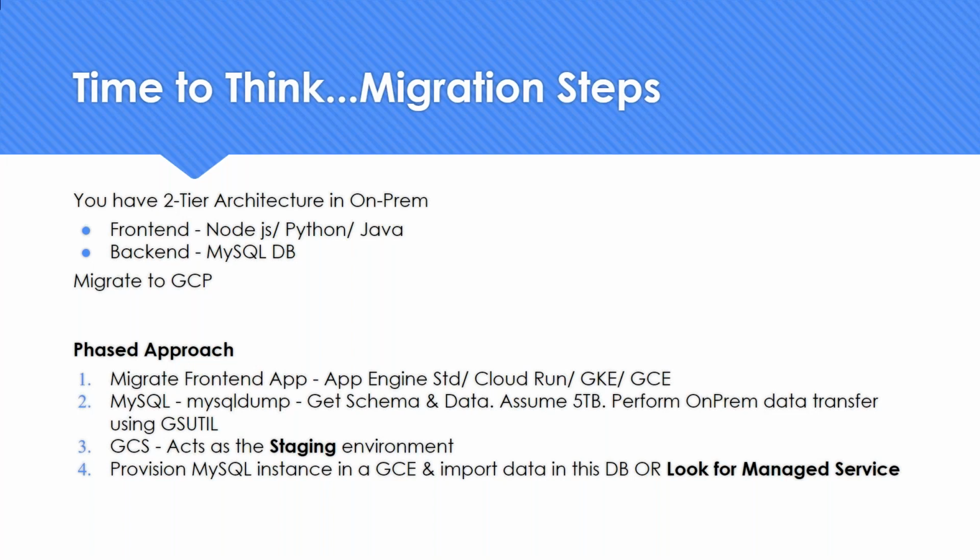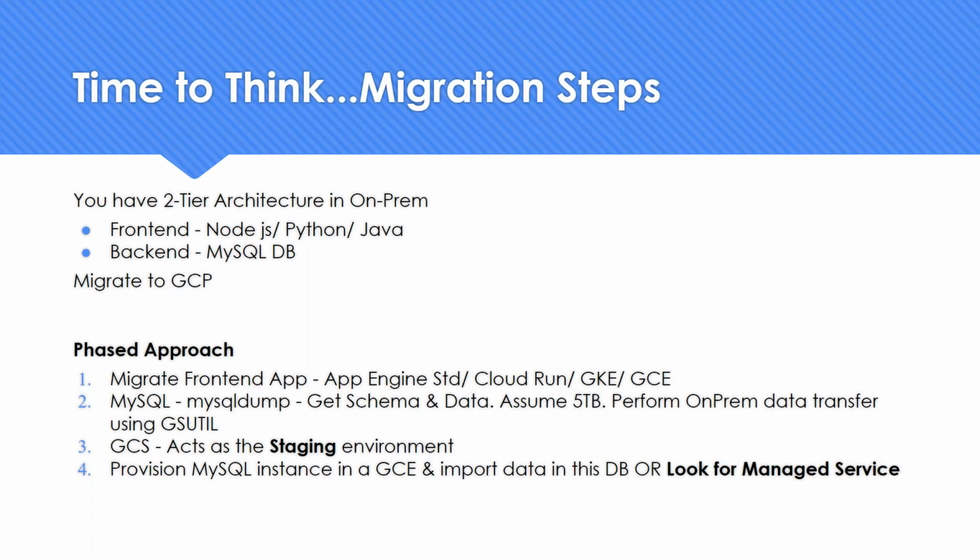So stage it first. Once you provision a virtual machine on your Compute Engine, or as Aman mentioned, we can use marketplace, have it, then import the data into your MySQL. Then you have your database running, you have your front end running, connect it, and it's going to work. So this is one option which you can use.